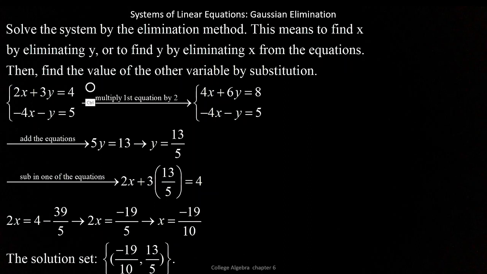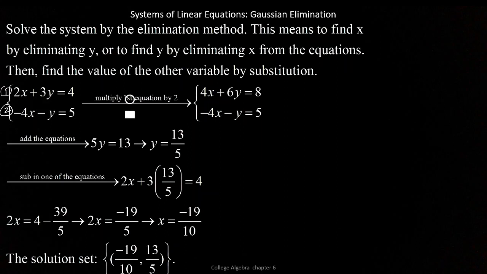So how do we do that? Well, we have to think about adding the equations. So if this is equation number 1 and this is equation number 2, then we think about how we can get one variable eliminated.